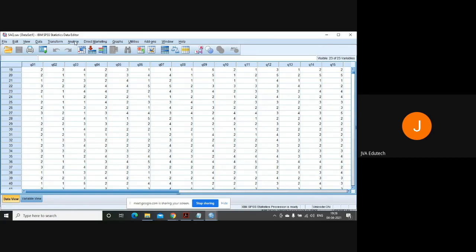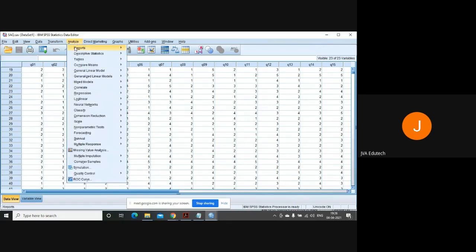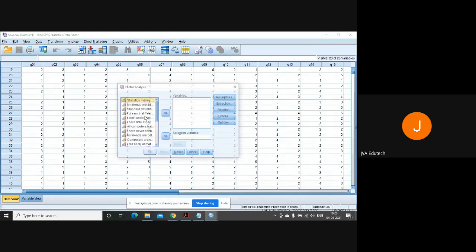To run the analysis, the procedure is the same: analyze, dimension reduction, factor, select all.